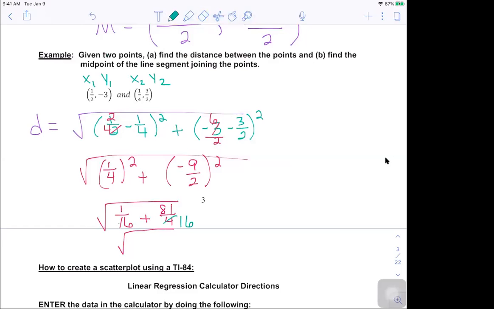Anybody know what 81 times 4 is? Peter, what's 81 times 4? Is it 324? Yeah, and when you add 1 to that, you get 325.